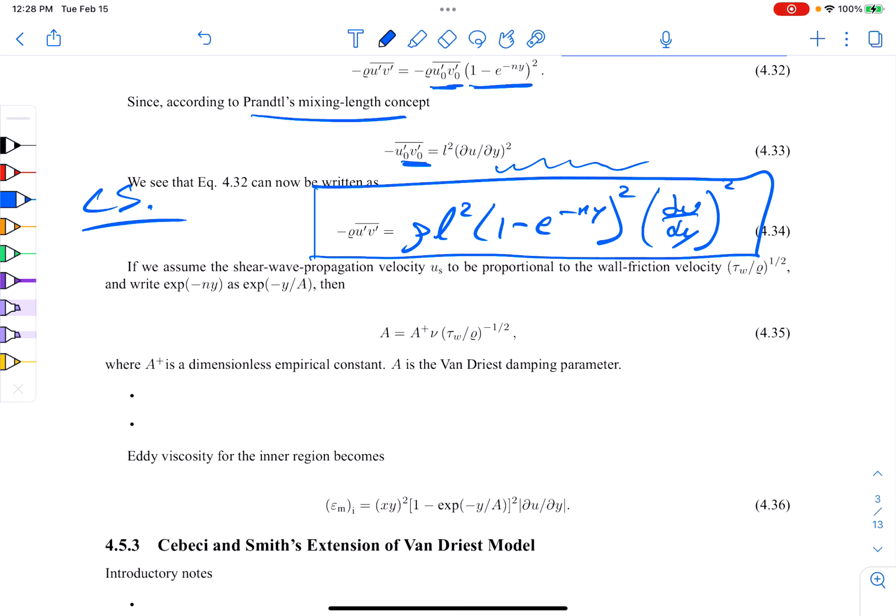Now, when we did the Van Driest work, we saw that there was a little factor A+, and that should probably be modified a little bit also. So if we're going to assume that the shear wave propagation velocity going out from the wall is u_s, it'll be proportional to the wall friction velocity.